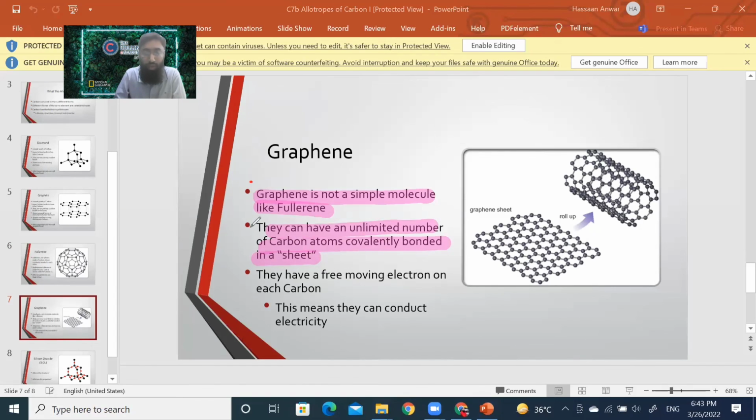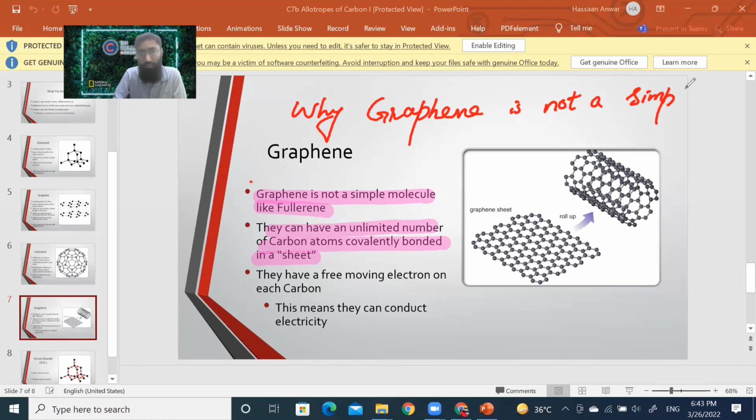In that point, there are the answers to two questions. Why is graphene not a simple molecule? Graphene is not a simple molecule because it has an unlimited number of carbon atoms covalently bonded in a sheet.